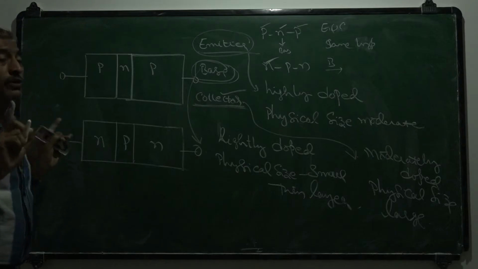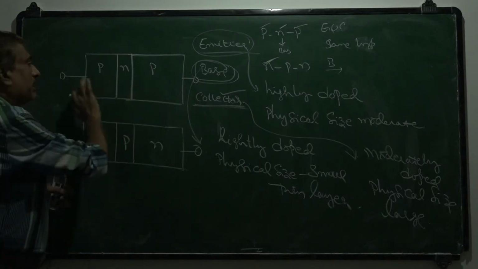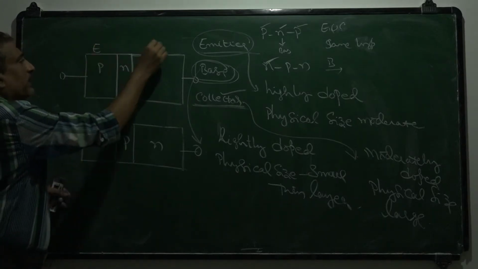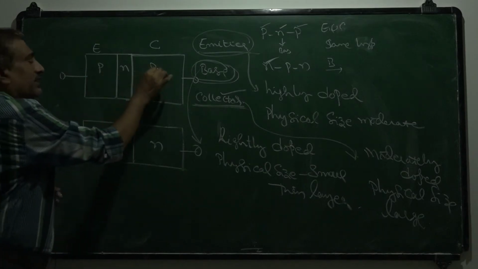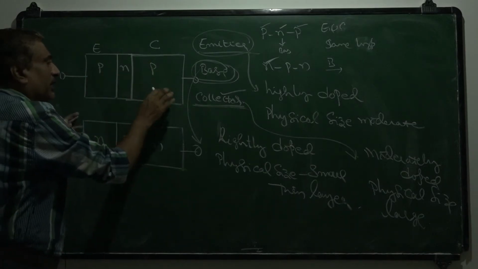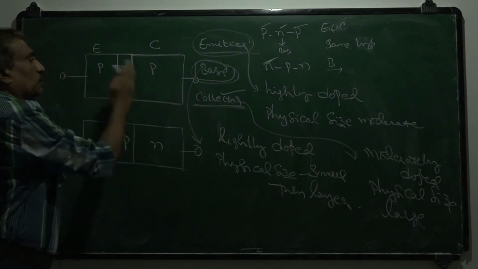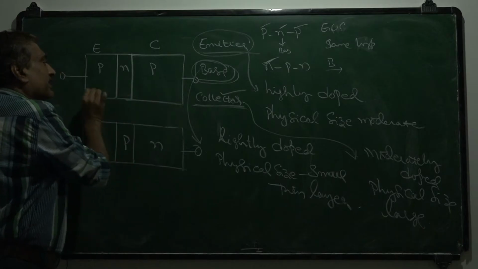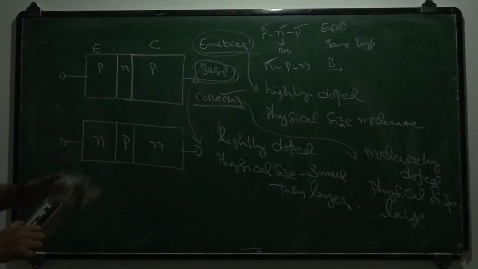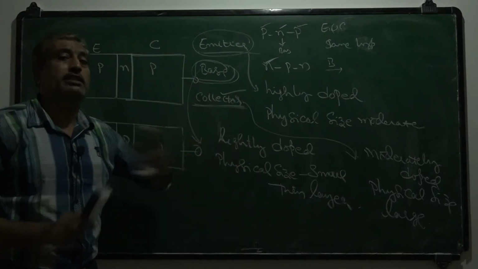Okay, you have to remember that in this PNP, emitter is P and collector is also P. Suppose you take this as emitter and this as collector, in a circuit you cannot interchange these two. That means you cannot take this P as collector and this P as emitter, because their physical size and doping densities are different.